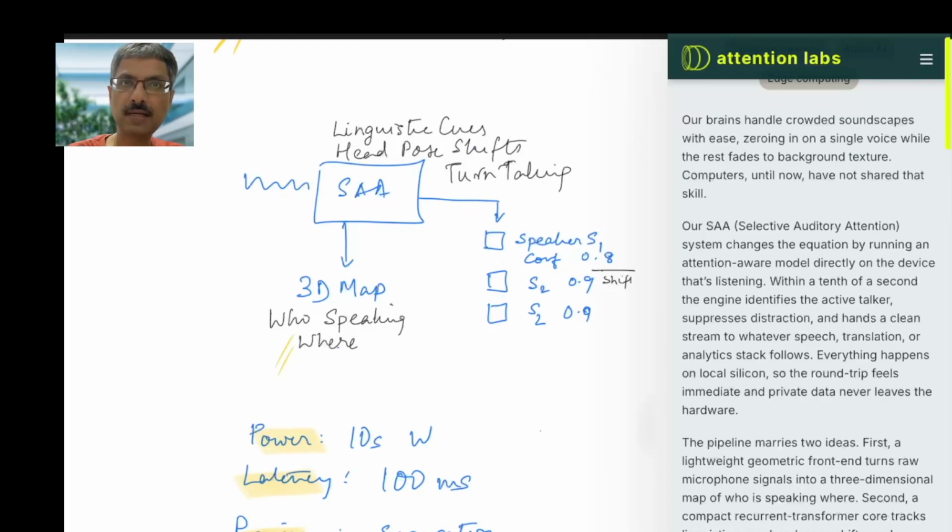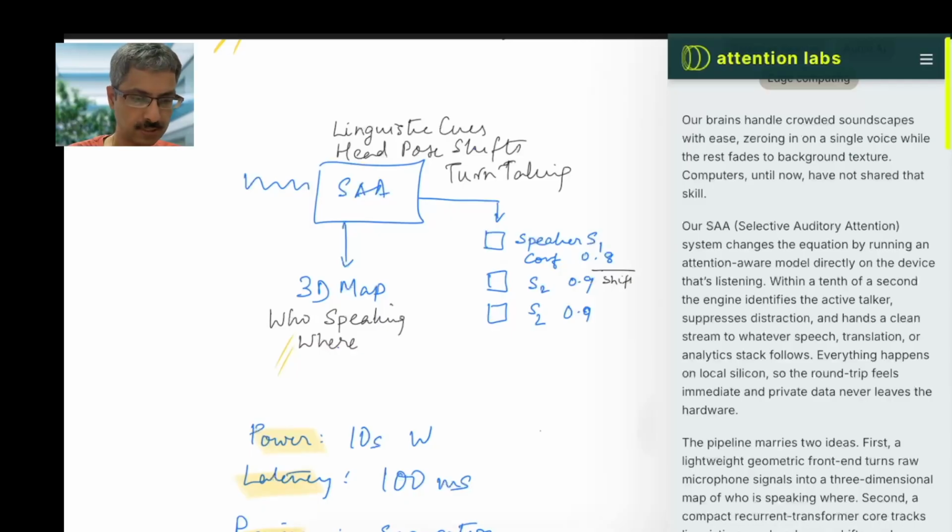It's both semantic and distance based. It takes care of the turn taking as well as linguistic cues that bring the semantics, the head pose shifts, and the distance. All of these features together let it figure out who the active speaker is.